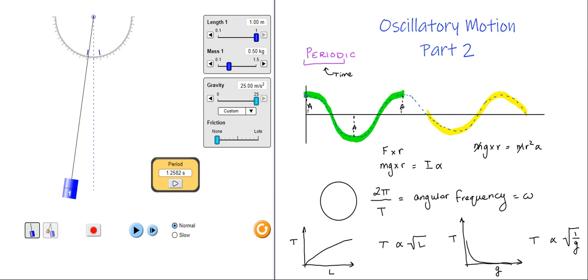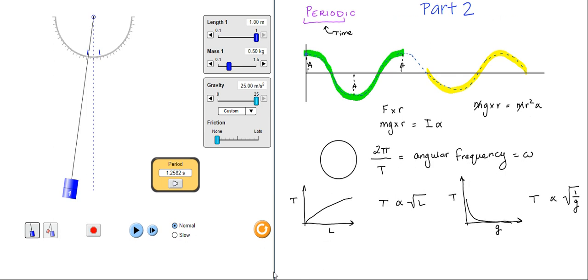And so if we were to put both of those proportions together, we'd see that T is proportional to the square root of L over g. And we're going to take a look at how we can actually prove this theoretically in a later video.